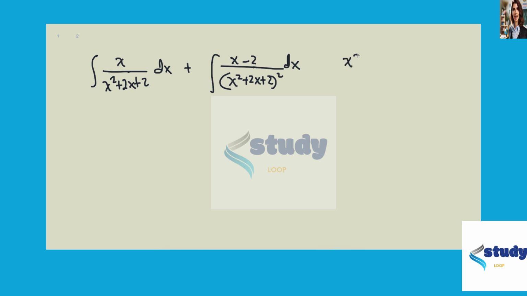Let's complete the square. So we can write it as this. And let's label these integrals a and b.